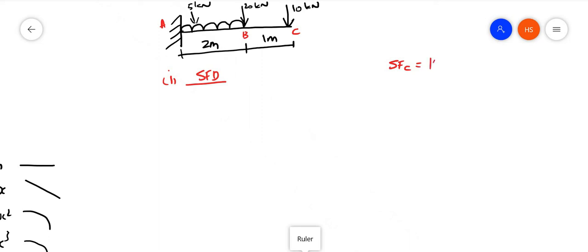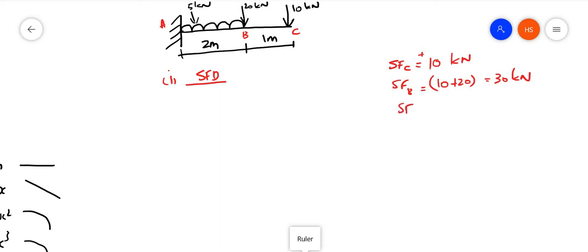It is positive 10 kilonewton. Now shear force at B, what is the shear force at B? 10 plus 20, that is 30 kilonewton.